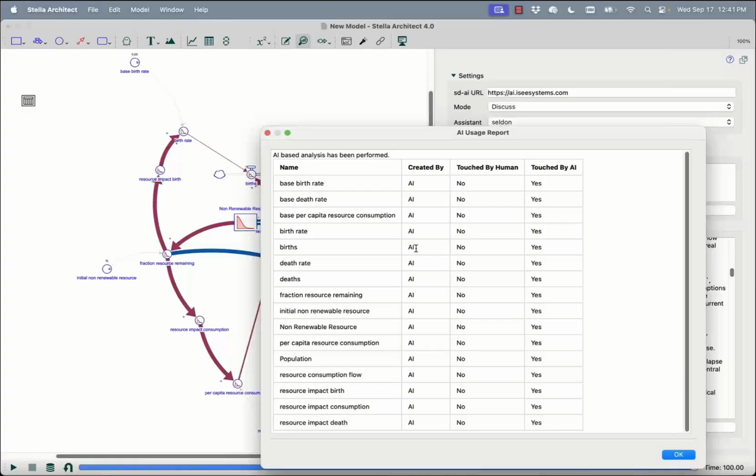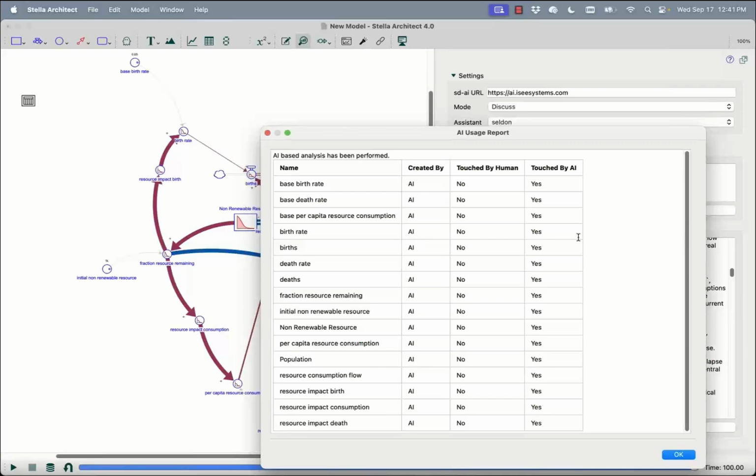The information is organized as who created the element, the AI or the human, and who's touched it. You can see in this case that we've actually built this entire model using AI without the human actually ever taking any steps, changing any equations, or touching any of the documentation.